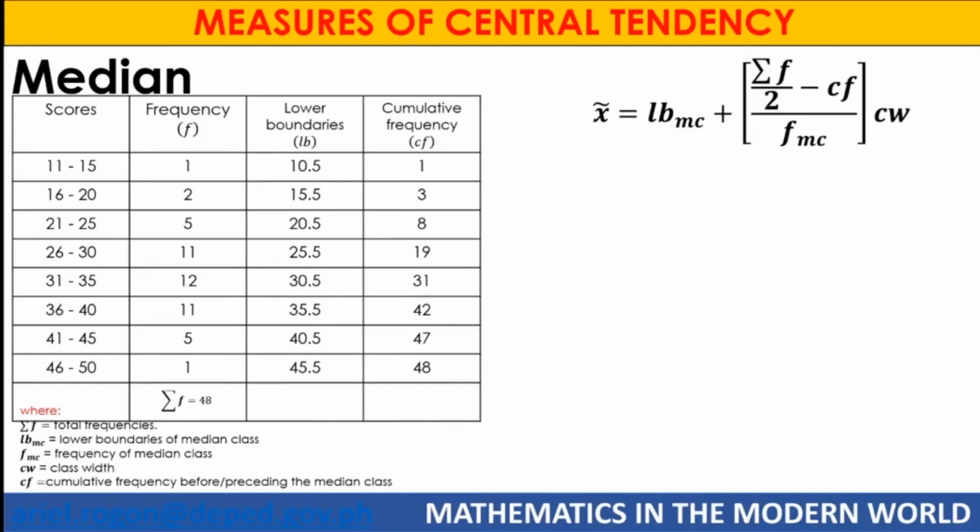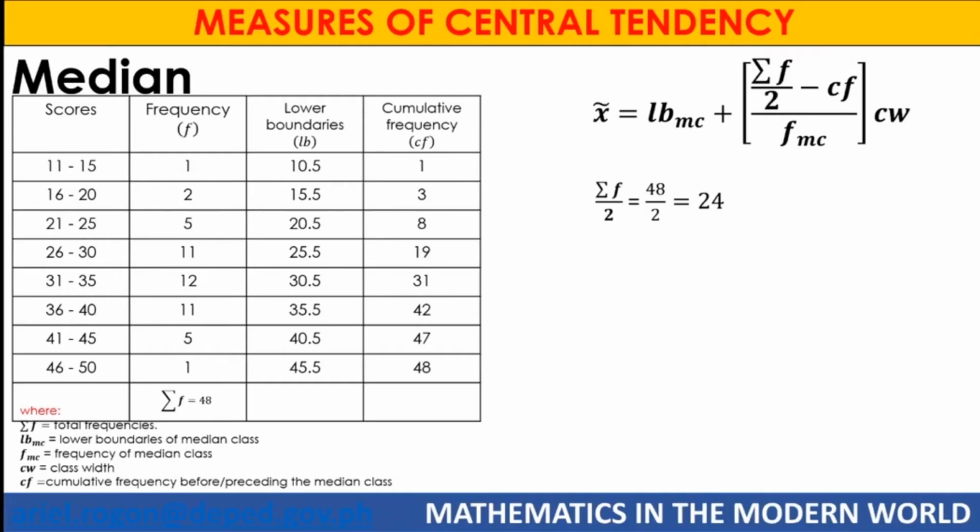All you need to do is to get the summation of frequency divided by 2. So the summation of frequency, that is 48, divided by 2, is equal to 24. The 24 there would be the one to indicate into which class our median class belongs.